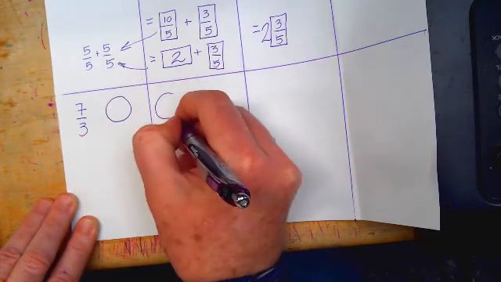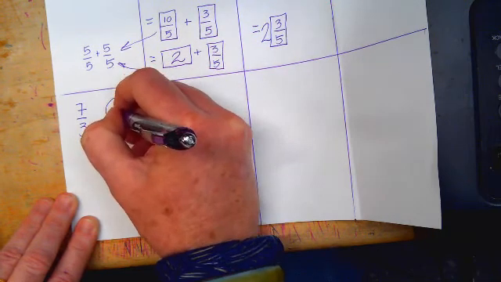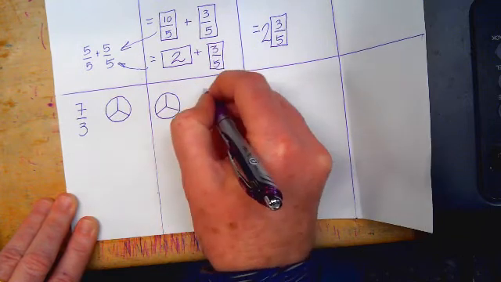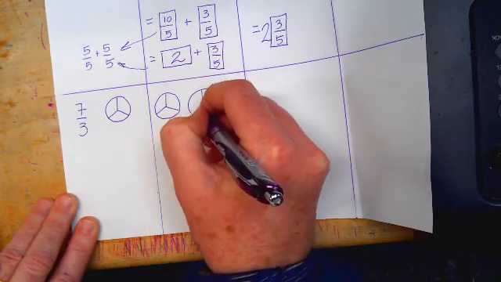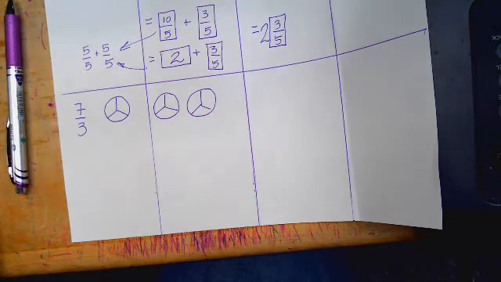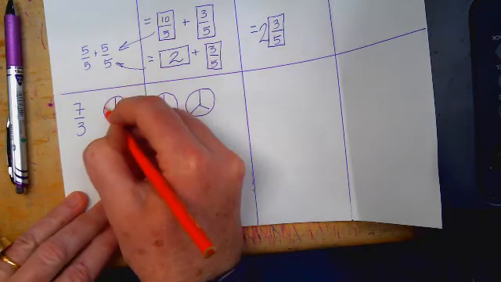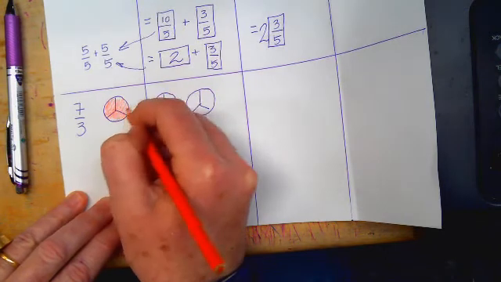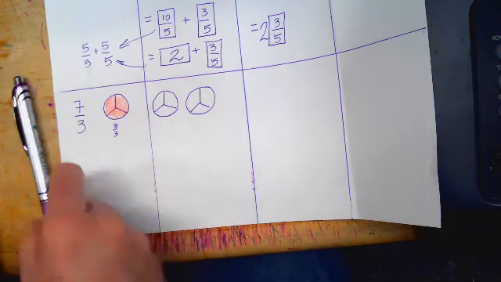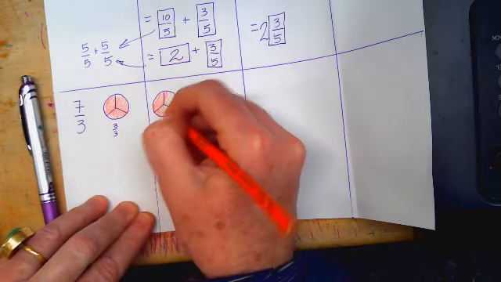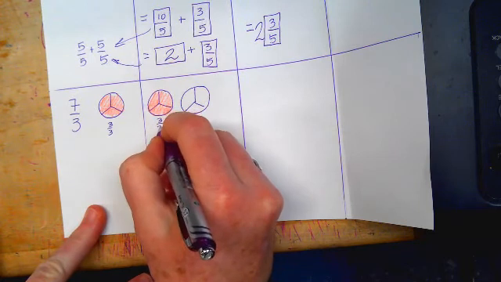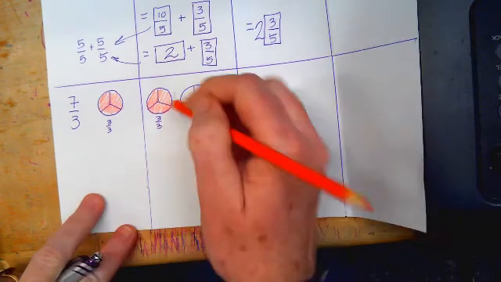If I had 1, 2, and let's say these are divided into 3. And if I colored that in, they don't have this in your book, but if I went ahead and colored that in, I would have 3/3, right? So this is 3/3 or 1 whole. This is 3/3 or 1 whole.